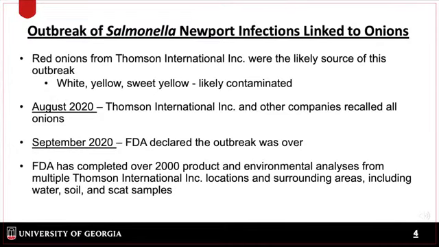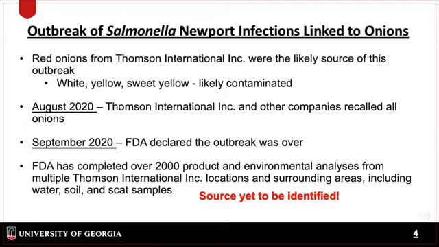The FDA has completed over 2,000 product and environmental analyses from multiple locations and surrounding areas, which include water, soil, and scat samples. Although a variety of generic strains of Salmonella Newport have been detected, as well as multiple other Salmonella serotypes, a genetic match to the outbreak strain has yet to be identified in any of those samples.